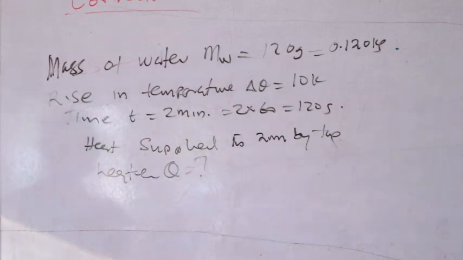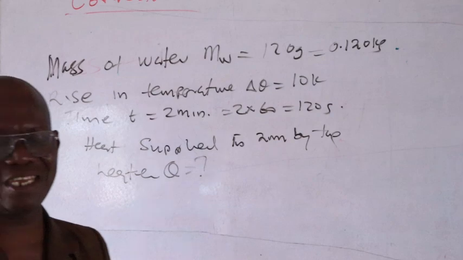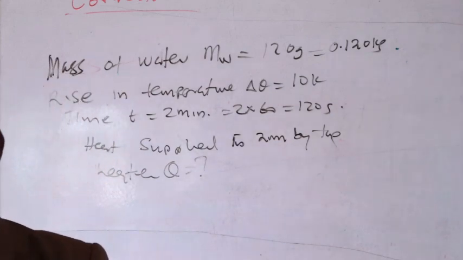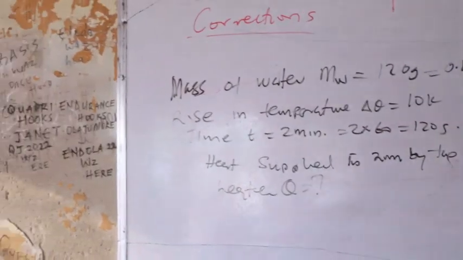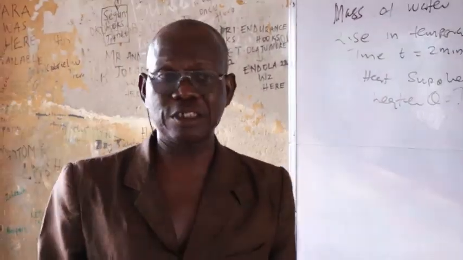Very simple. What do we need to do? Heat is lost by the heater to the water. In a thin vessel, when they say thin like vessel, that vessel has very negligible thermal capacity, so we can ignore it.